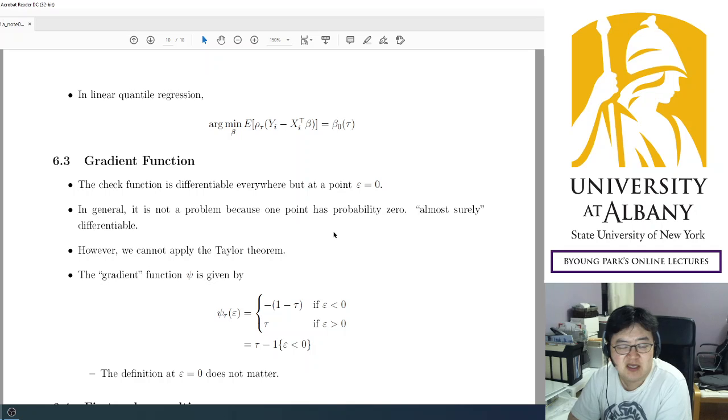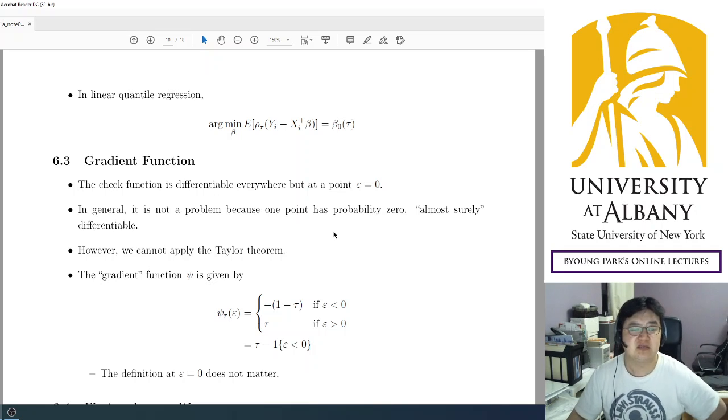And the technique we use in the proof is very important in econometrics. In econometric theory, this kind of nonlinear, non-smoothness problem arises in some important cases, and if you are going to major in econometric theory, knowing this technique is very important.